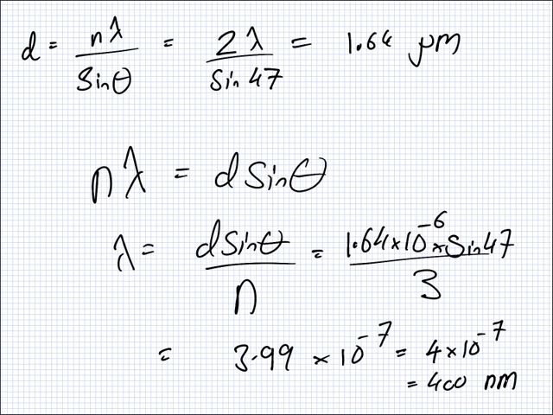Okay, and what's the next part? What do they ask you to do? The purple light is then used in a lamp in a Young's double-slit experiment. The slit spacing is 0.25 millimeters, and the distance between the fourth red fringe on one side of the center to the other fourth red fringe on the other side of the center is 24 millimeters.